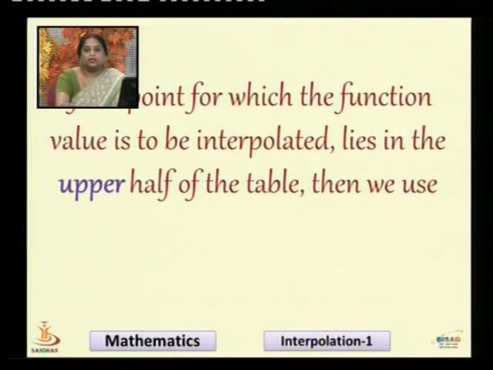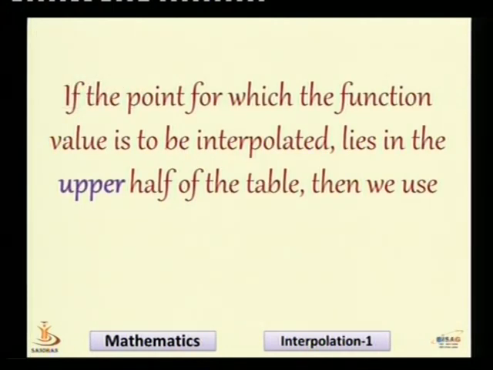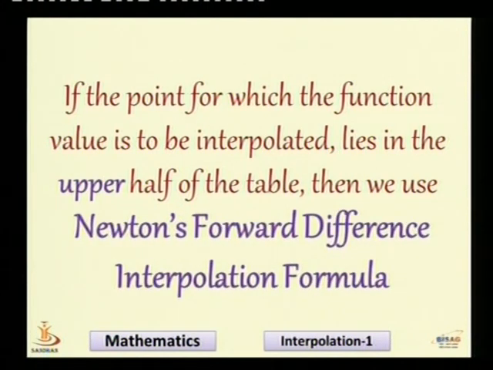If the point for which the function value is to be interpolated, that is for an untabulated point x for which we have to find the y value, lies in the upper half of the table, that is in the former half of the table, then we use Newton's forward difference interpolation formula.